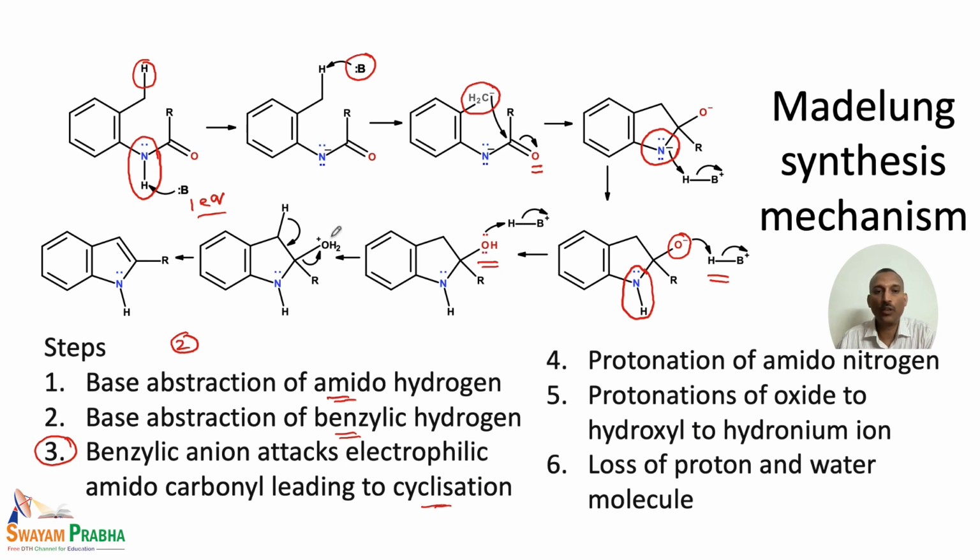These two steps lead to the formation of H2O plus, and this H2O plus is a very good leaving group, and the loss of hydrogen from the adjacent carbon leads to concomitant removal of the water molecule that gives the aromatized product. So, the double bond is formed in the final indole. This is how the overall reaction for the Madelung synthesis proceeds.